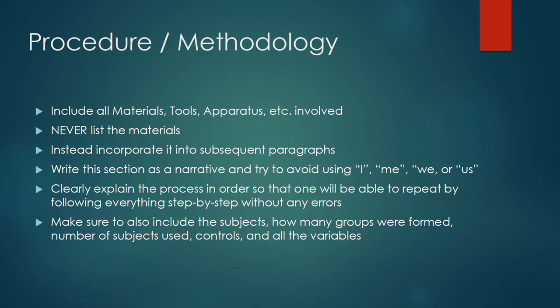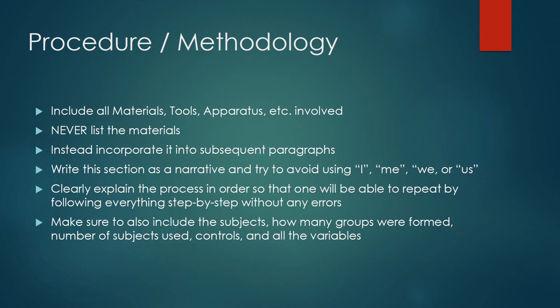And also in your procedure and methods, you can add pictures of maybe the instruments you used, the tools you used, and also of the groups, like the experimental groups. You can take pictures of them and add them to your lab reports, because it actually gives a better view on how attentive you are and how much you want the reader to understand what you're doing.